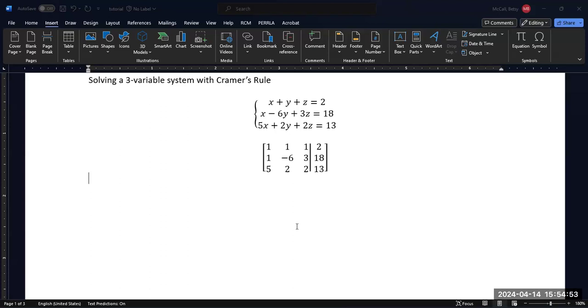Now, the general idea for Cramer's rule is that the coefficient matrix is going to be our sort of base determinant. We'll call it A, and we'll need the base determinant for that.